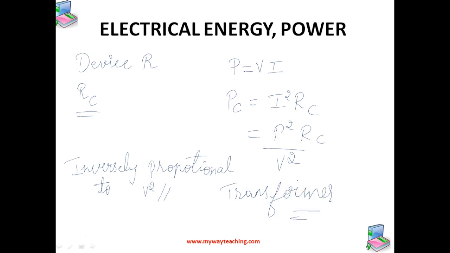So in order to reduce the voltage to a lower level required for our use, we use these transformers in between. These transformers reduce the voltage level and give the lower voltage for suitable uses. Okay.